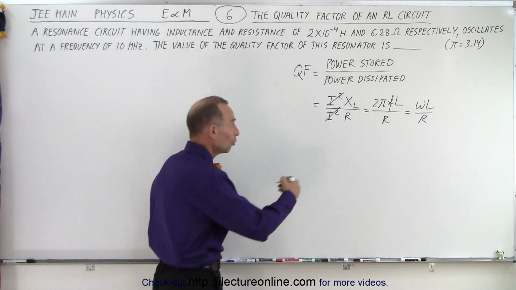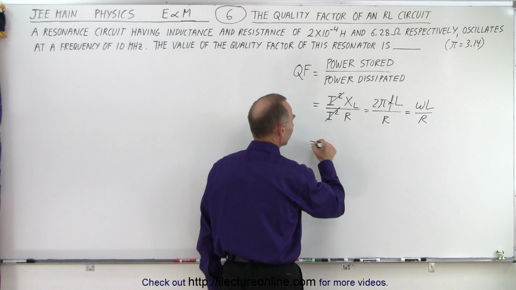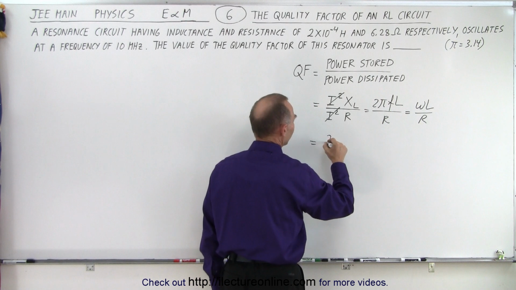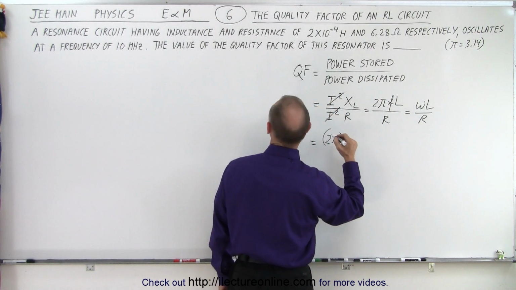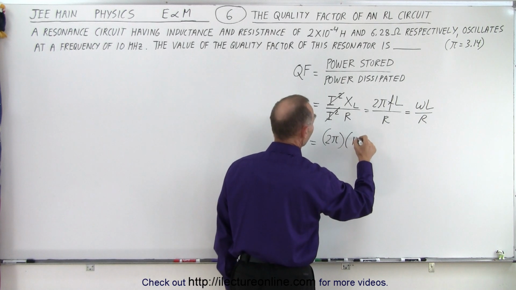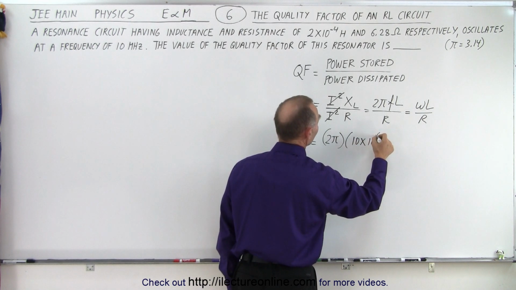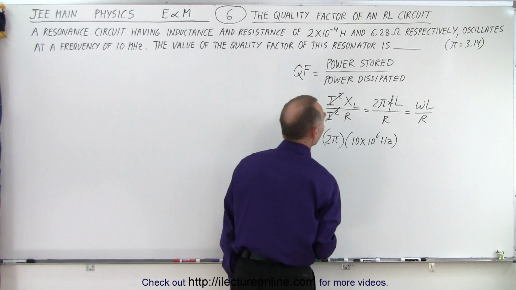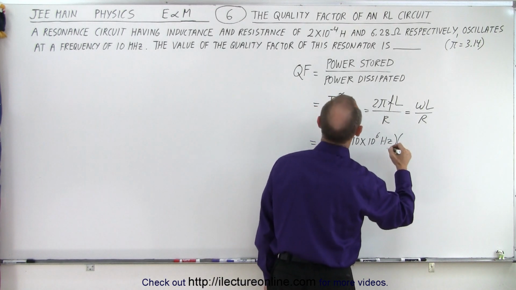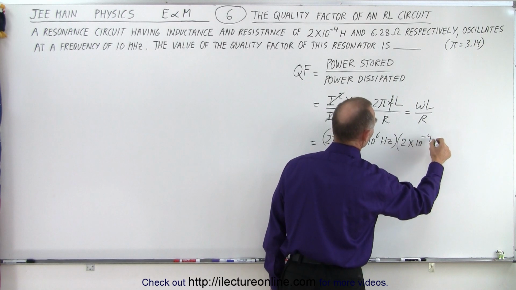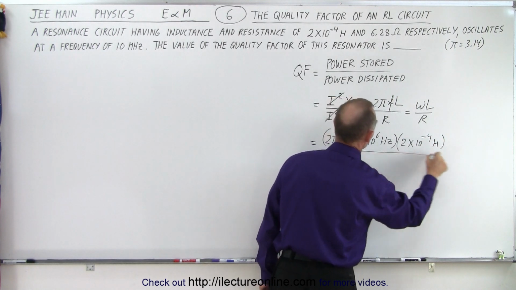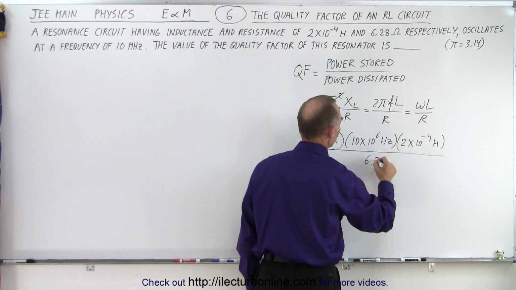So what is 2 pi f L over R? In this case, we have 2 pi times the frequency, which was given to us as 10 megahertz, so 10 times 10 to the 6th hertz, times the inductance, which is 2 times 10 to the minus 4 henries, all divided by the resistance, which is 6.28 ohms.